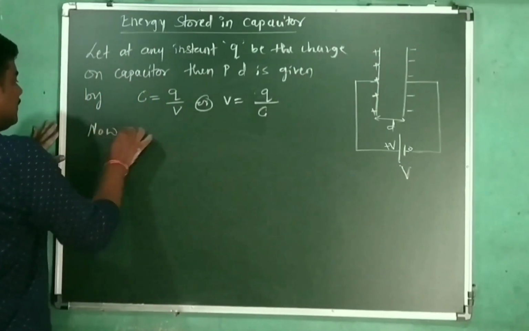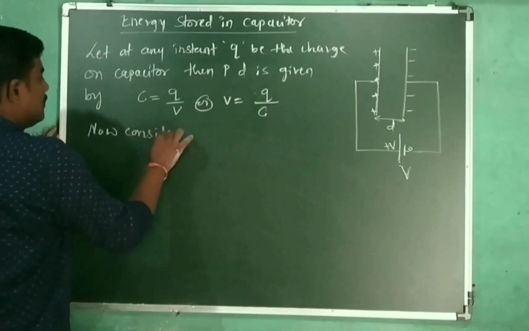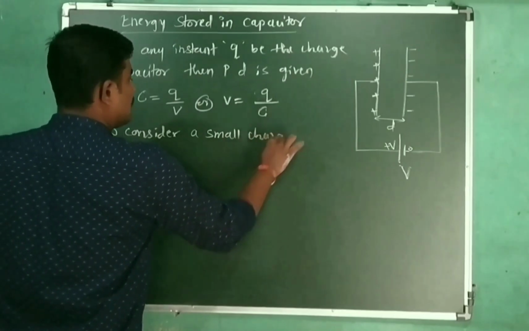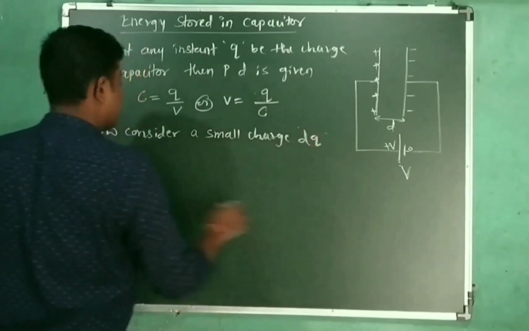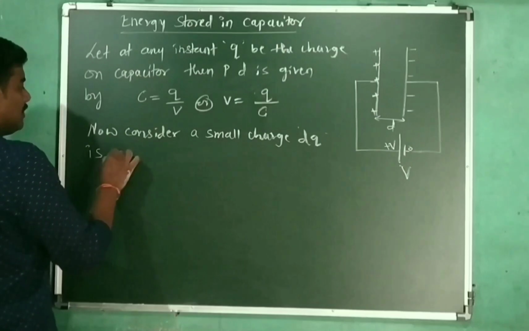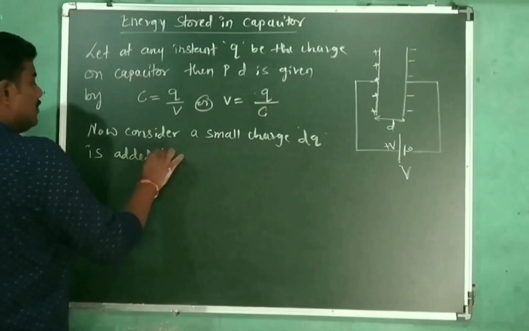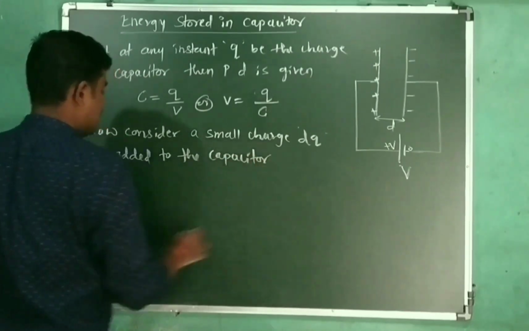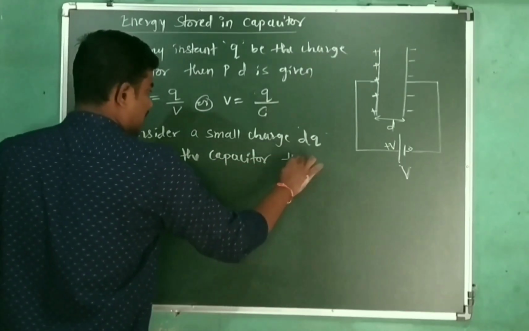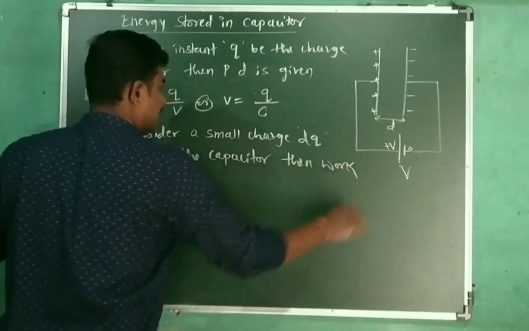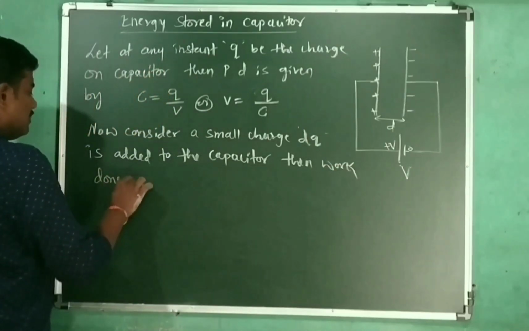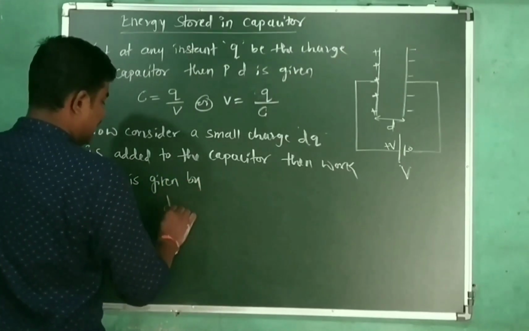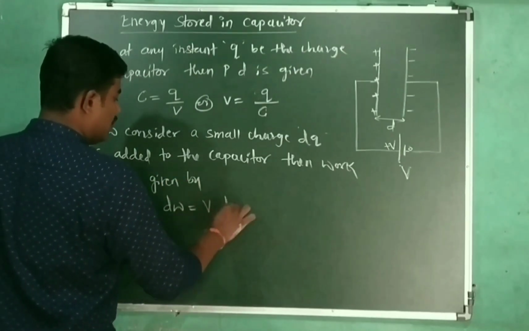Now consider a small charge dq is added to the capacitor, then the work done is given by dW is equal to V into dq.